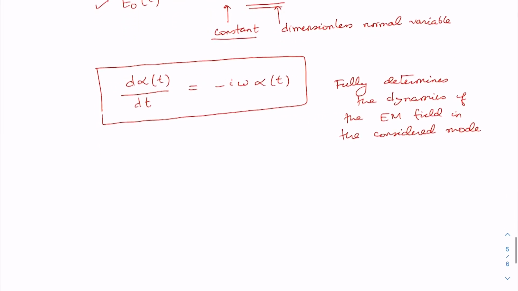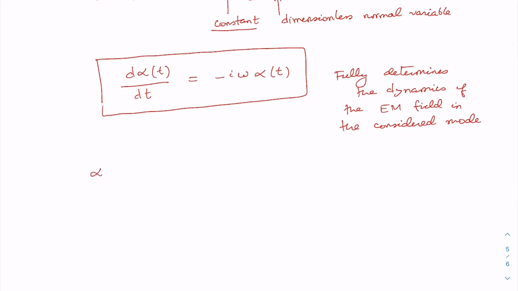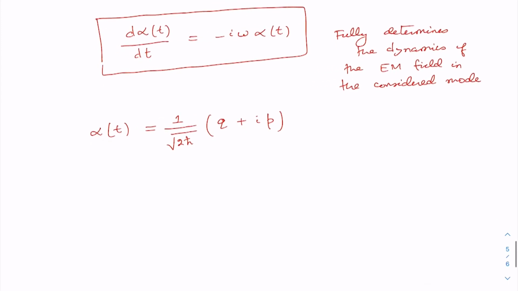Now let us introduce the real and imaginary parts of alpha of t, as I said this is a complex quantity. The real part is q and the imaginary part is p, and it is multiplied by some factor, 1 divided by root twice h cross. We are still in the classical domain, but this h cross is the reduced Planck constant, and this multiplicative factor is there to keep all the upcoming formulas simple.